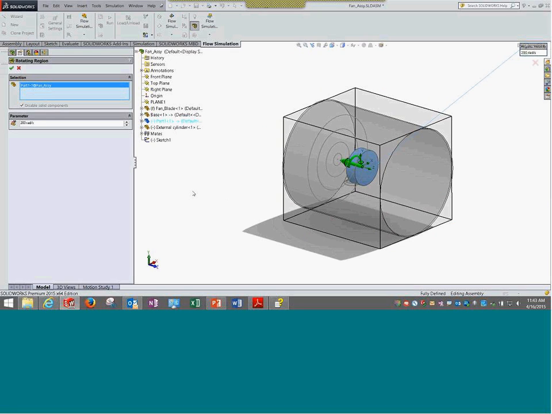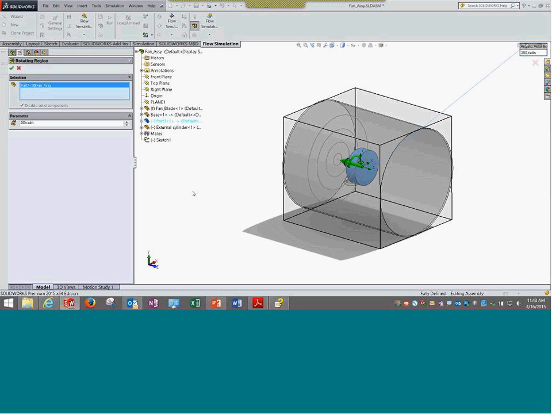Here the fan is not moving, but actually the liquid around it is made to rotate in a certain direction. When it rotates, it's the same effect as if the fan were rotating, and there would be flow happening.